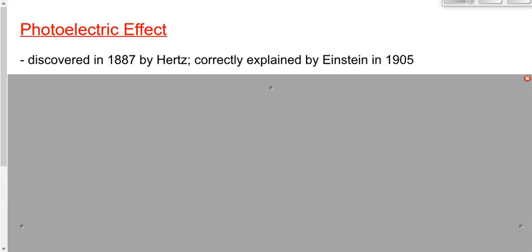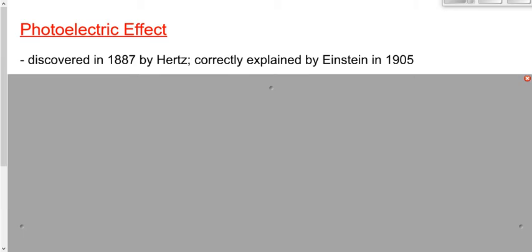All right, yesterday we did a little demonstration to help us illustrate the photoelectric effect, which, as we know, discovered in 1887, wasn't correctly explained for another 18 years. Lots of ideas as to what caused the observations that were made for 18 years, but no explanations that would work for the observations.